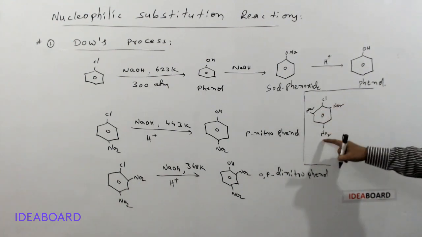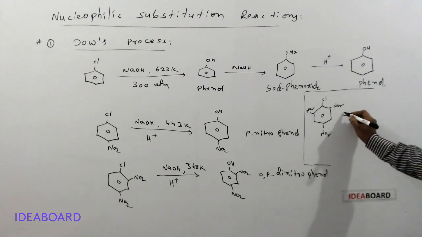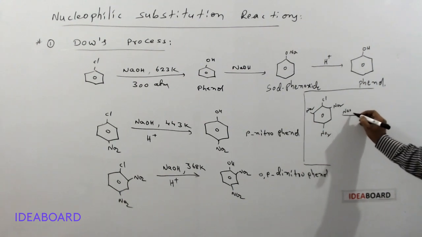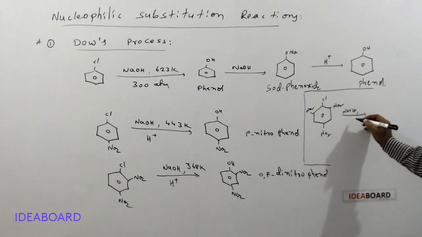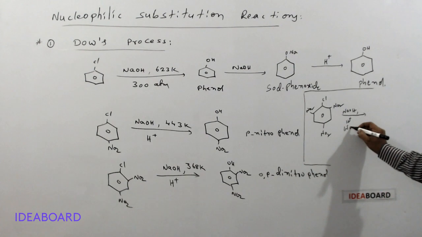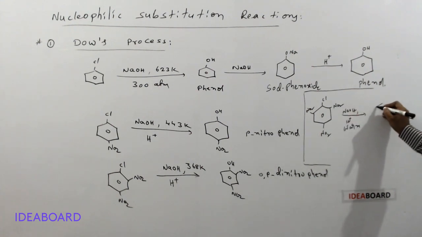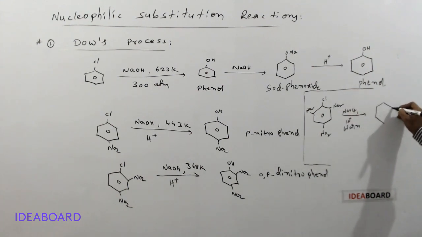This is called trinitrochlorobenzene. This undergoes reaction with sodium hydroxide, NaOH, and H plus is taken. But very important here is warm, just by warming only. Just by warming the reaction occurs, and the product formed here is a very important product.